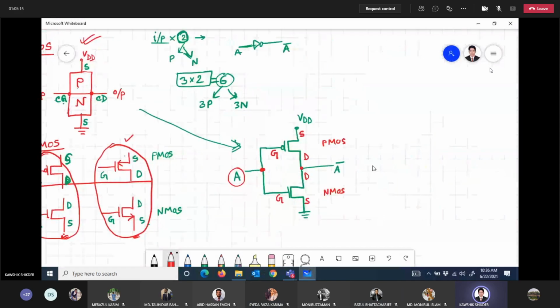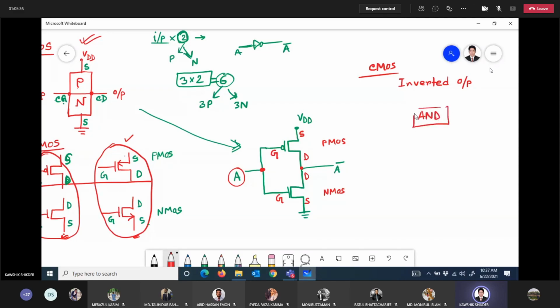Now just remember, anything designed using CMOS technology will get the inverted output. That means if you are asked to draw a CMOS AND, what do you have to do?